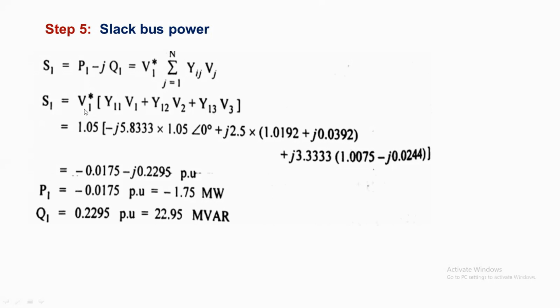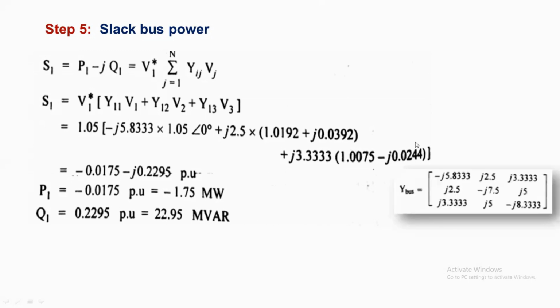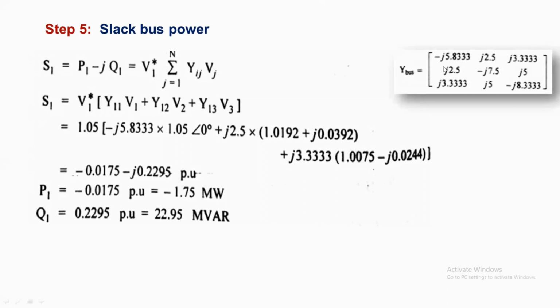Here, this value is a constant, the slack bus voltage. This is also the slack bus voltage. This is the second bus, the generator bus voltage. This is the third bus voltage. These two values were calculated previously. Then Y11, Y12, and Y13 are obtained from the Y bus matrix.